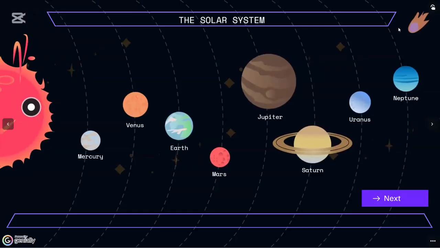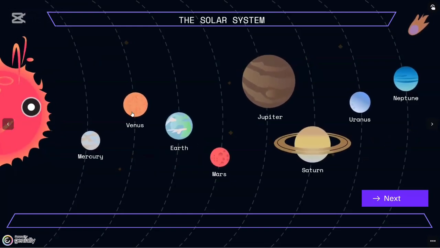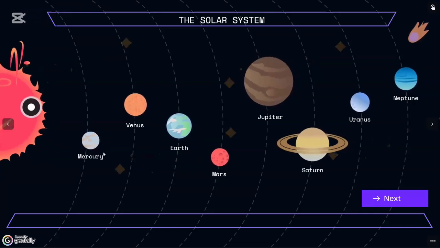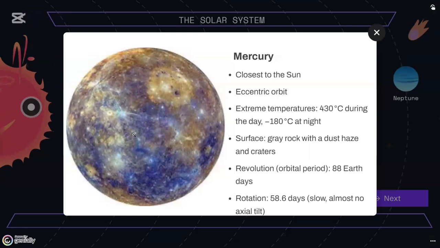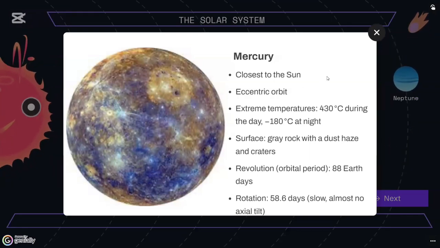So now let's travel through our solar system. I'm going to click on each planet and we'll learn some key facts together. For example, we have to start with Mercury. Mercury is the planet closest to the sun. Its orbit is oval shaped, not a perfect circle.